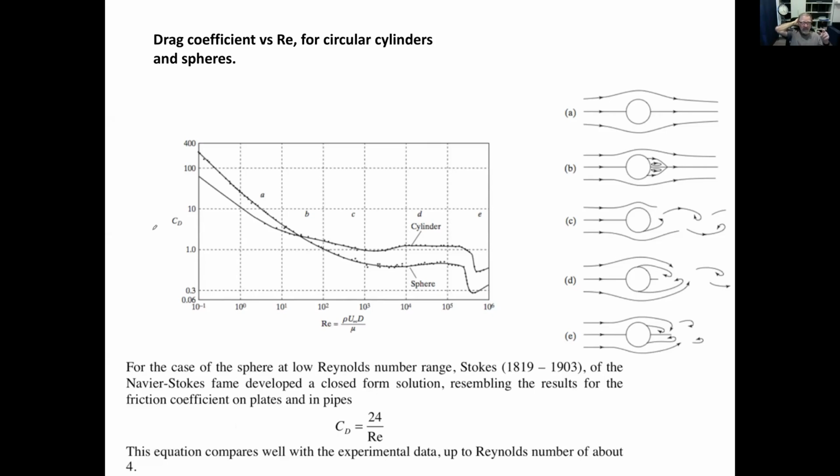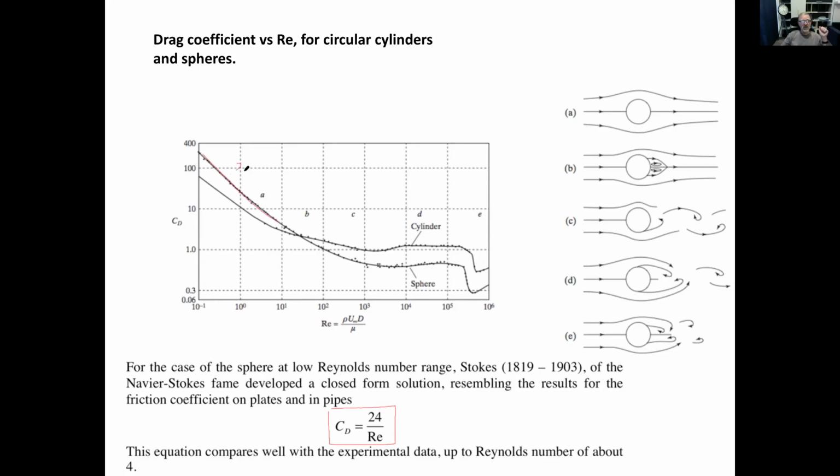So it's the same thing. And it turns out that the solution of Stokes, which is for the sphere, which I mentioned, this is a viscous flow solution, okay? It gives you 24 over Reynolds number, which is exactly this curve.